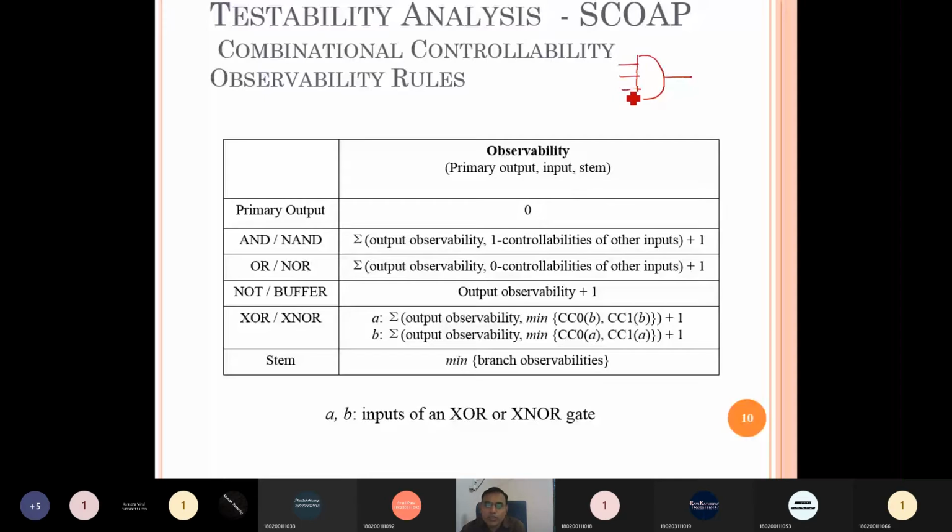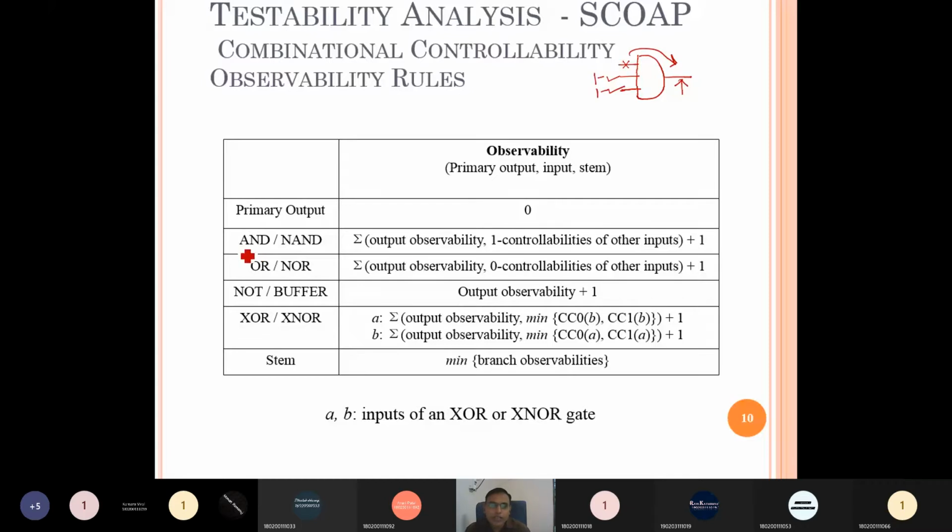If you want to observe any one of the inputs at the primary output, what difficulty level do I have to face? I have to control the remaining two inputs as logic 1. Then and only then can I observe this at the primary output.